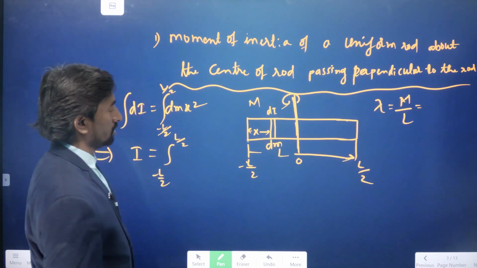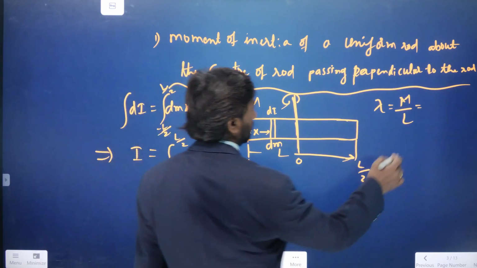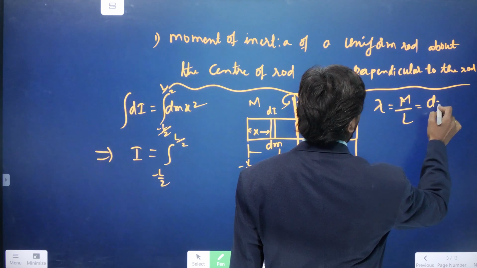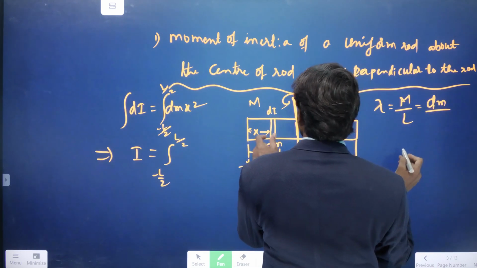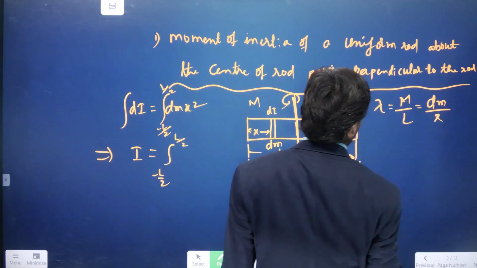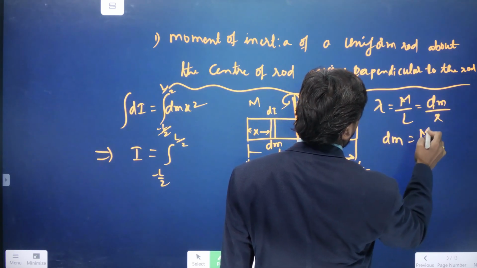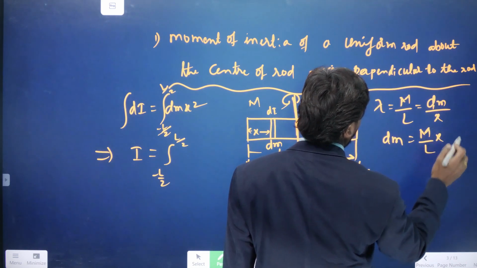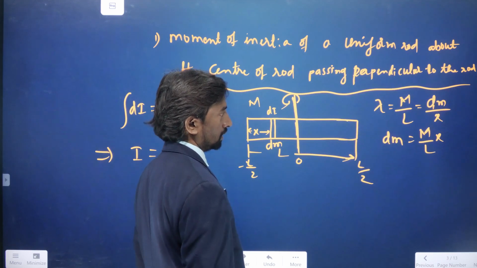The length is x. So here dm is equal to M by L into x, M by L into x.